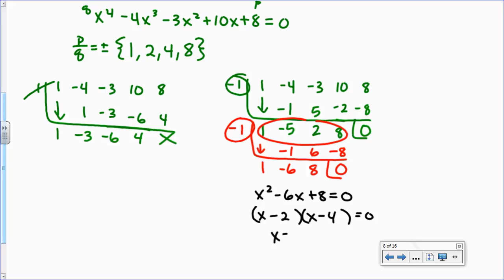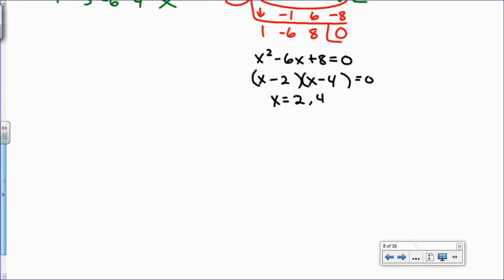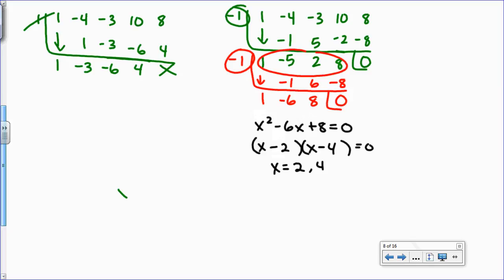So x equals 2 and 4. Okay, so I have 4 zeros. And -1, which has a multiplicity of 2. Okay, 2 and 4.